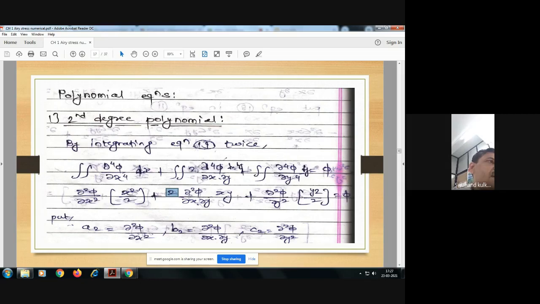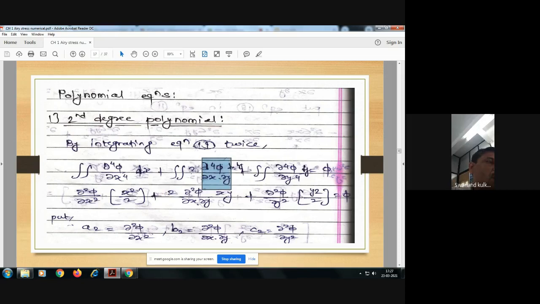In the first integration, its degree will reduce by 1, and in the second integration once again its degree will get reduced by 1. So this will become ∂²φ, and the degree of ∂x² and ∂y² reduces to ∂x and ∂y. Is it okay? So ∂²φ/∂x∂y after taking 2 integrations.